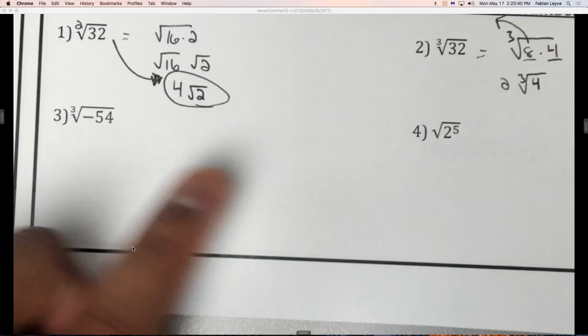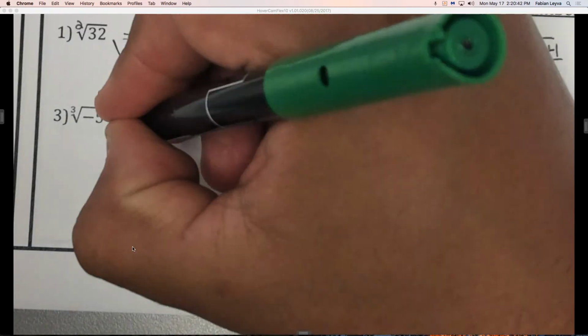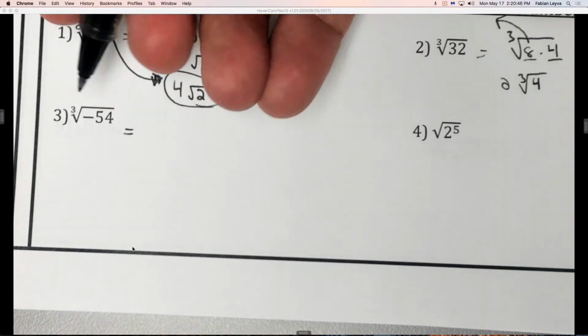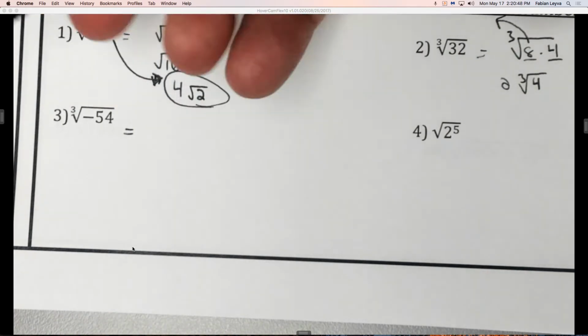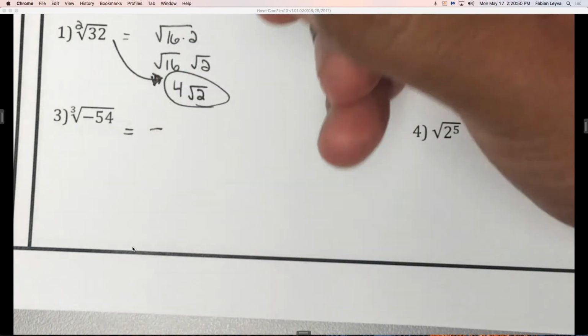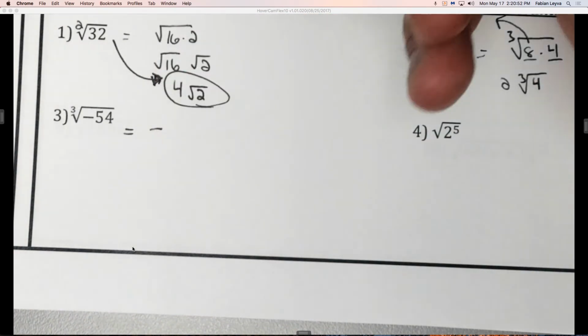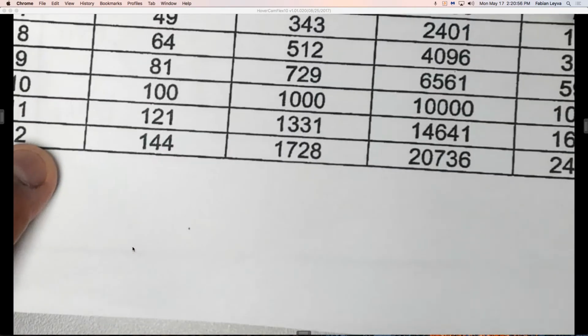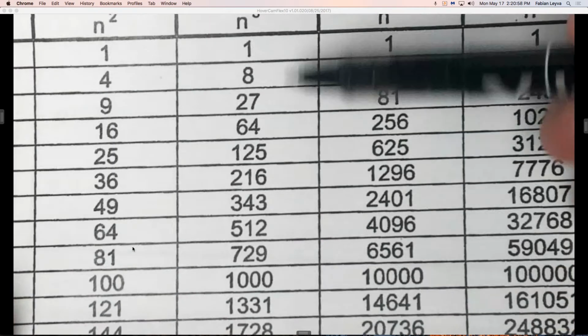All right, third root of a negative 54. Now again, you're taking an odd root of a negative number. What is true about your solution? It has to be negative because you need that third negative in order to make it a negative, right? Now is 54 on our list of thirds? No, but can we rewrite it as a product?